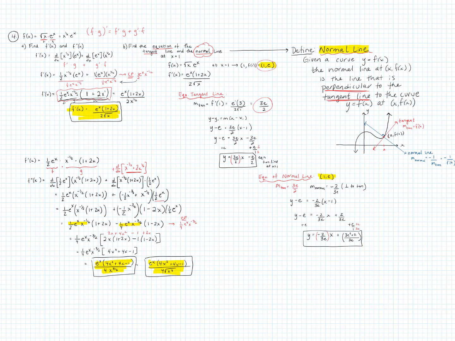And so this was a really good example of using our product rule and then taking it further and applying our knowledge about tangent lines and a new definition for us in this video called the normal line, and looking at both the tangent and the normal line. So I tried to get it all on the screen at one time. I know it's kind of small, but you can see the overview here of all that we did in that example.